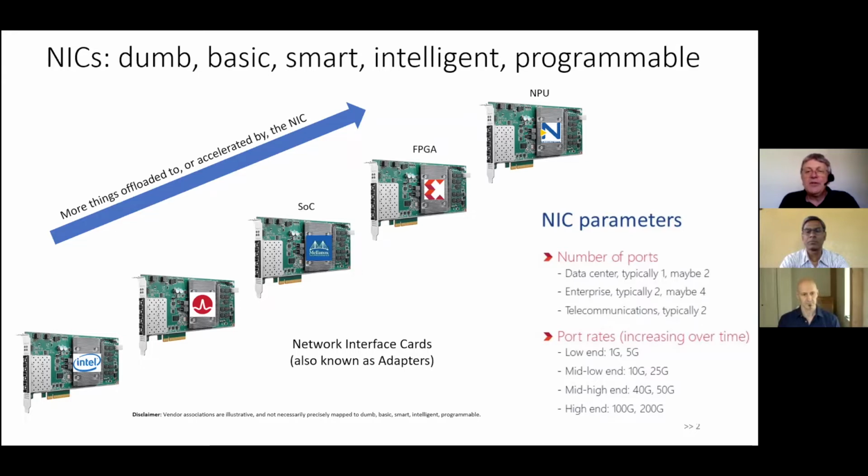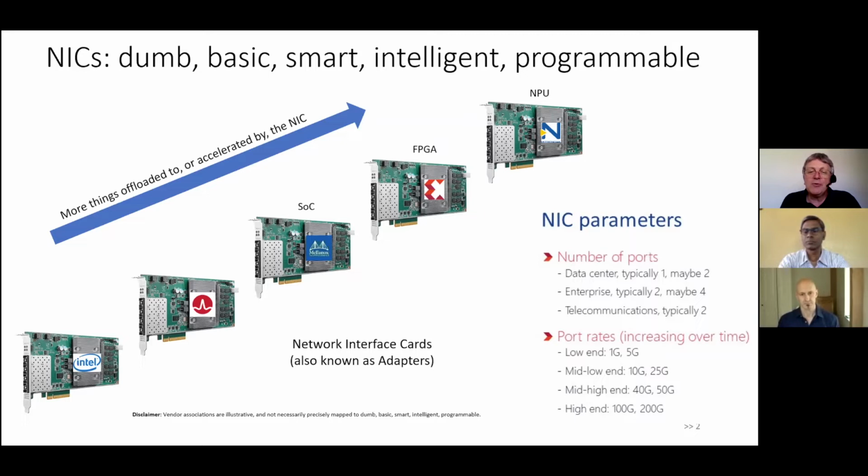So the NIC has been evolving from being a humble card that just does the job of connecting an Ethernet port to a desktop or a server, and gradually more intelligence has been put into the NIC over time. That's why it becomes interesting as a programmable object that isn't just passing packets from the network interface to the CPU and in the other direction.